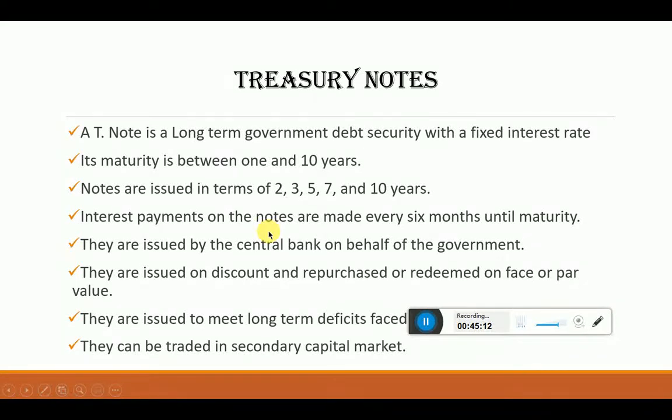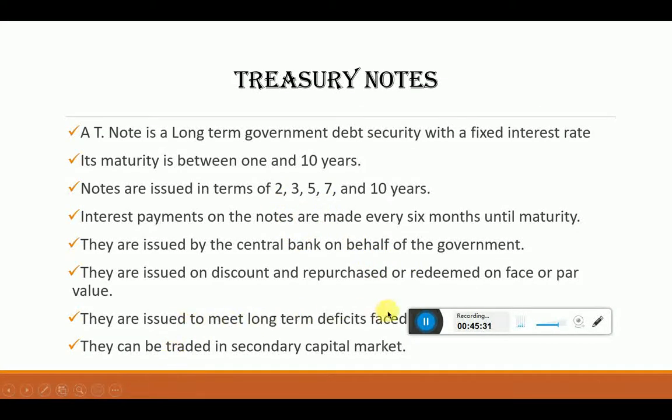They have interest payments, and the payment is made every 6 months until maturity. They are issued on discount and redeemed at face value, just like the treasury bills.